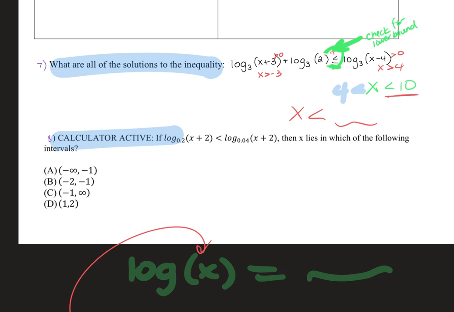You might think you're done, and you might have a multiple choice that says negative infinity to 10, and you might get super excited and circle it and lose all of the points. So don't do it. Anything that has a log with an x in it has to be tested in one way or the other. Either I'm taking my answer and plugging it back in, or if it is an inequality, I have to set whatever's inside all the logs greater than 0.